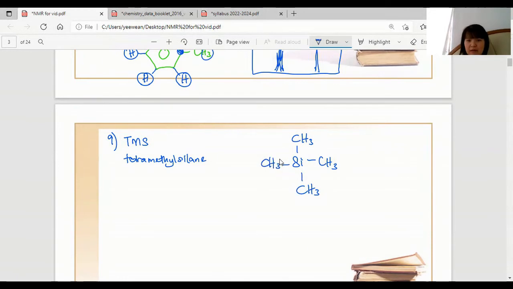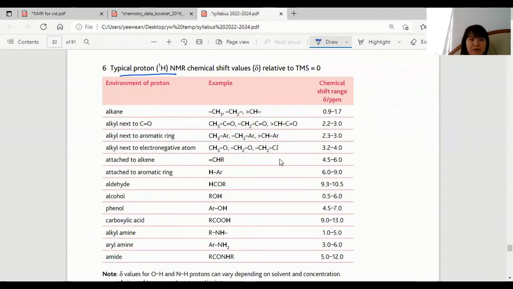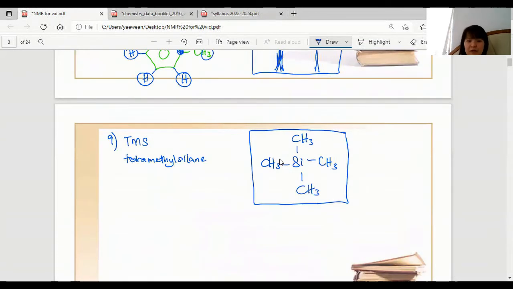And this is assigned as the 0 peak for all our reference, whether you're doing IBDP or A levels, or if you're going to use that in university, we always use TMS as our reference peak. That will be 0 in our spectrum.